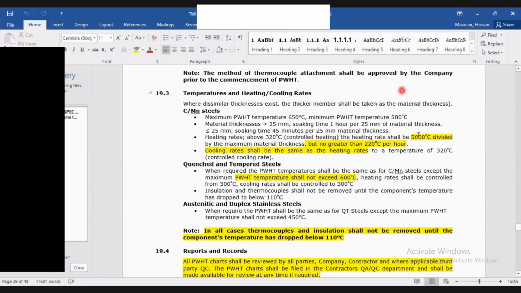How about you get 5,000 divided by 25? What is the answer? 200. 5,000 divided by 25, 200. Yeah, Pak Ashari? 200 degree.